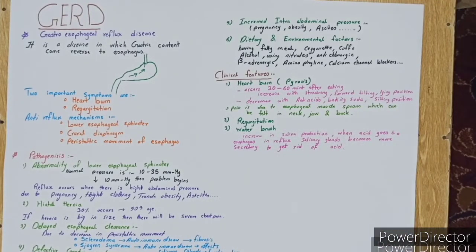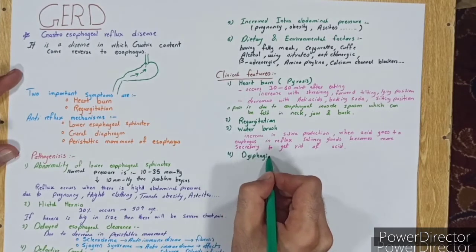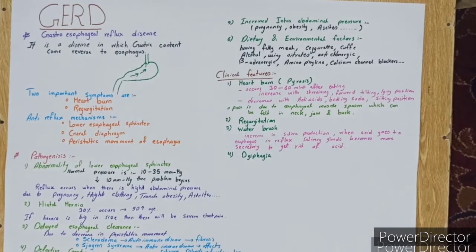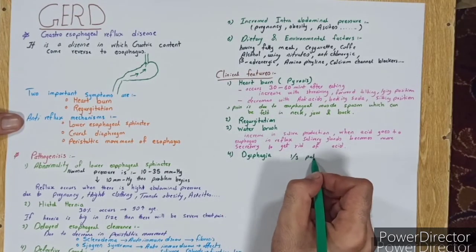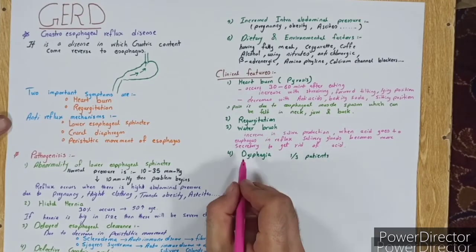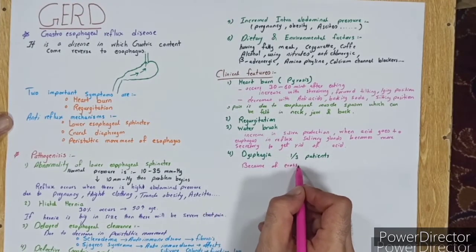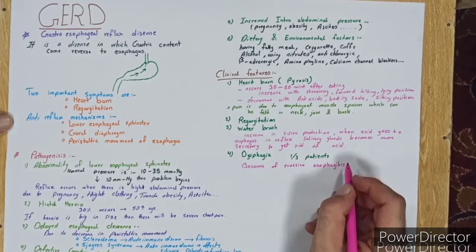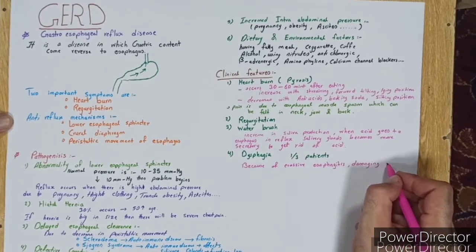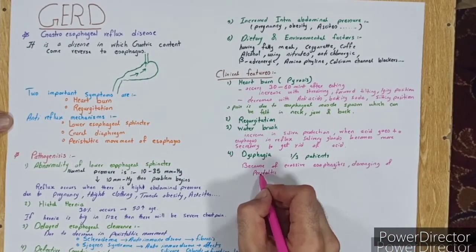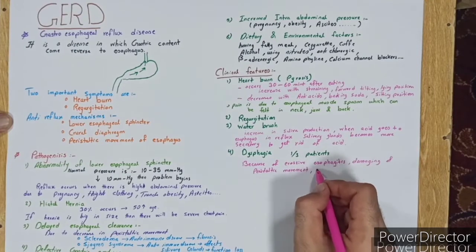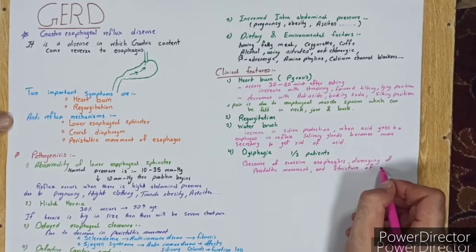The other feature is dysphagia. It occurs in 1/3 of patients, which means 1 in 3. Because of erosive esophagitis, damage to the peristaltic movement and structure of the esophagus, this happens.